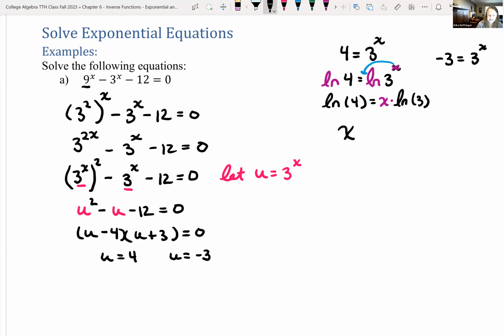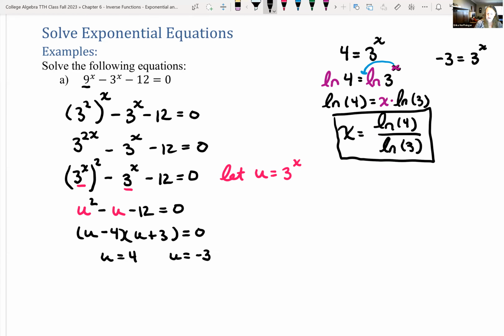So I get x here is equal to the natural log of 4 divided by the natural log of 3. I cannot cancel those natural logs out. Those are functions. And so I get, for the first equation, x is equal to the natural log of 4 all over the natural log of 3.